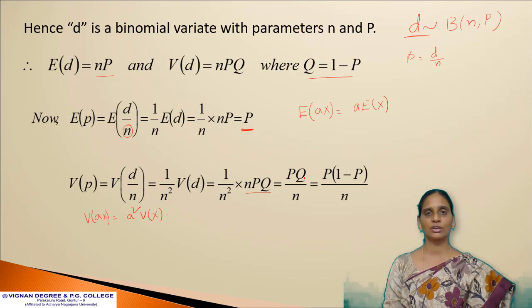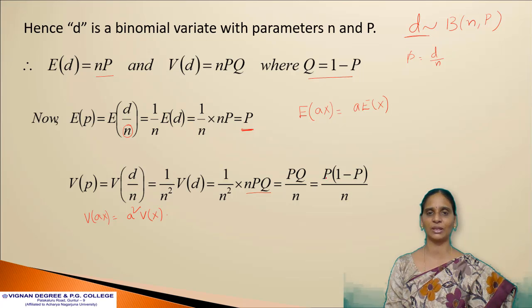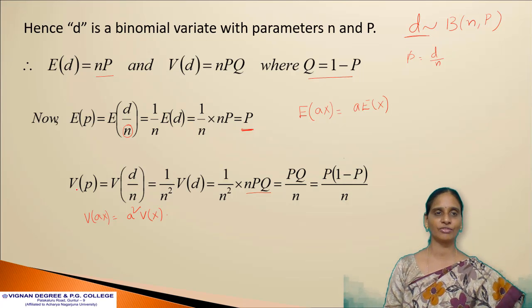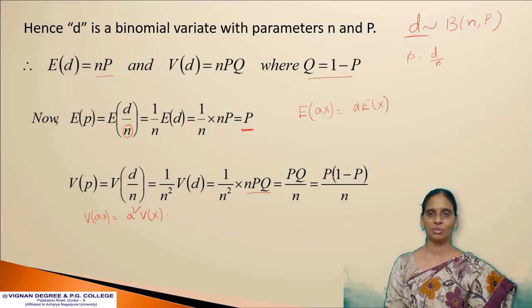Writing Q in terms of P, that is 1 minus P, the variance of p is P into 1 minus P divided by n.